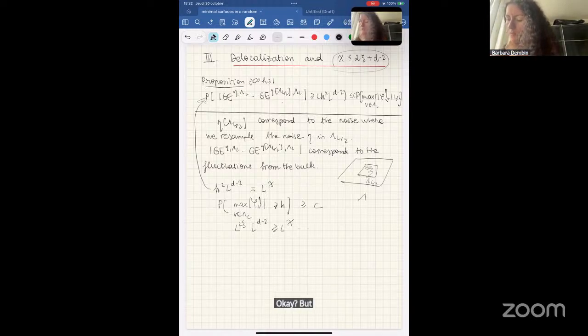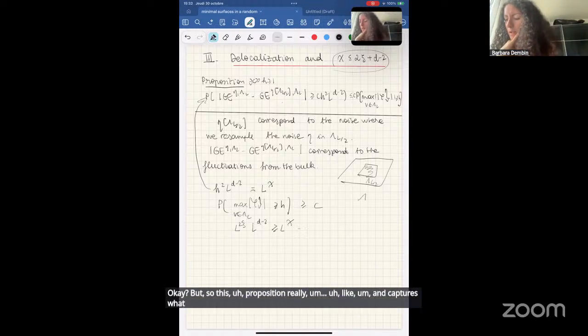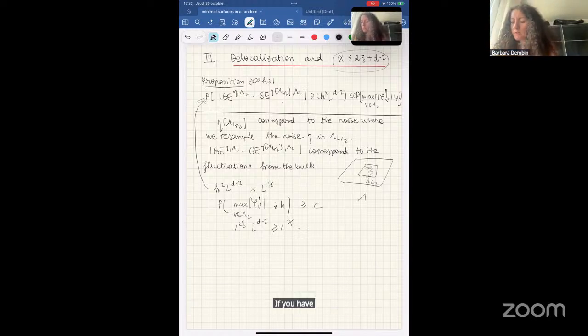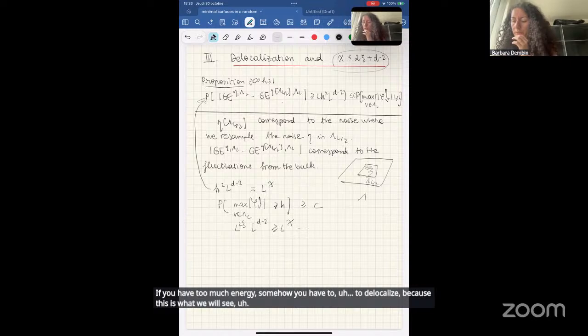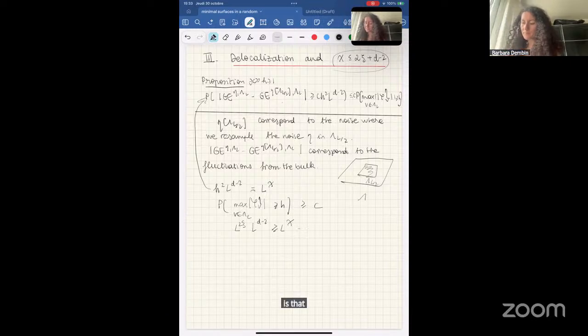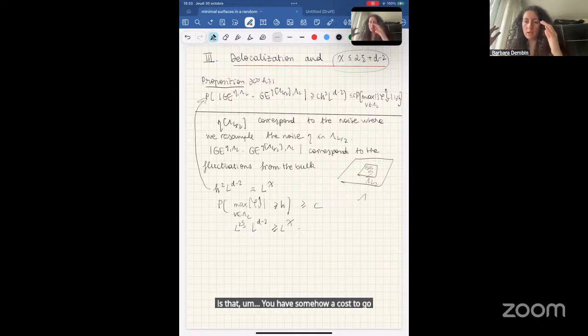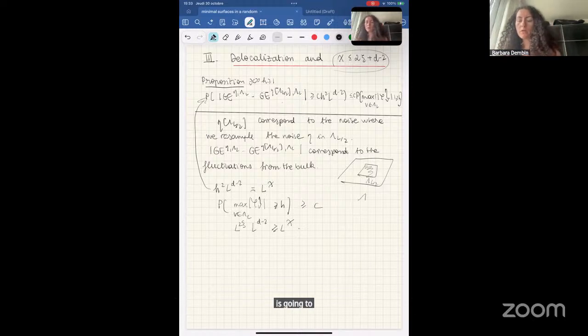But this proposition really captures what Ron was explaining. If you have too much energy, somehow you have to delocalize, because this is what we will see in the proof: you have a cost to go to distance h, and if h is small, the energy you gain by seeing a new environment is going to be larger than the cost you have to pay.